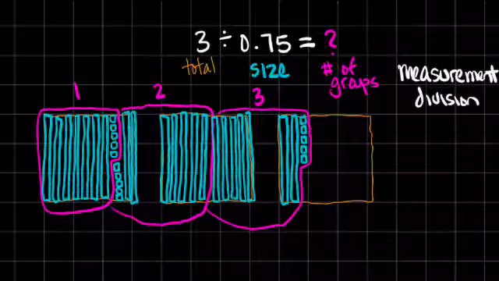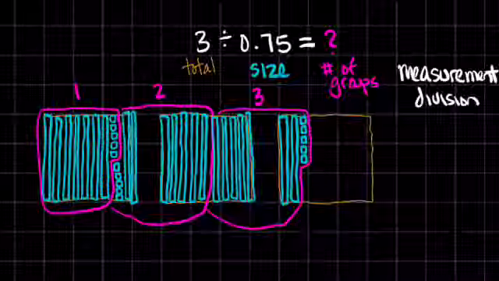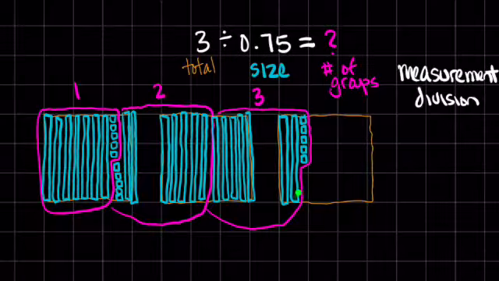All right, I still have some left out of my 3 wholes, so I'm going to see if I can make yet 1 more group. Okay, this is 25 hundredths. The rest of this should be 75 hundredths, so I should be able to make 1 more group.